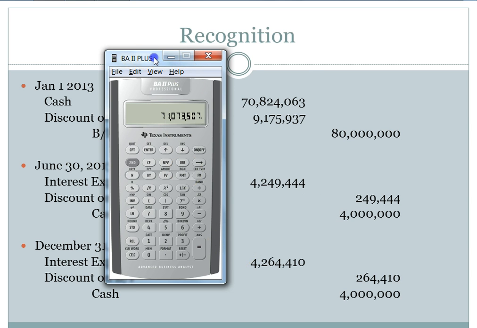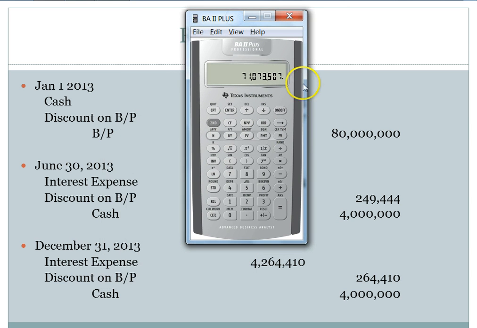So once again, in order to determine interest expense, I take that book value of the bond multiplied by the market yield, which is 12%, multiplied by half of a year, or 6/12 of a year.